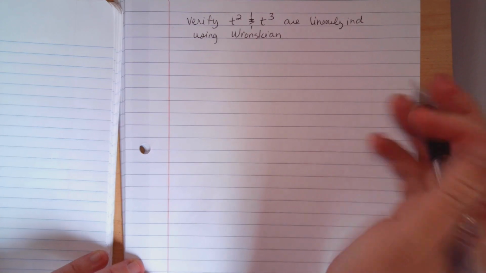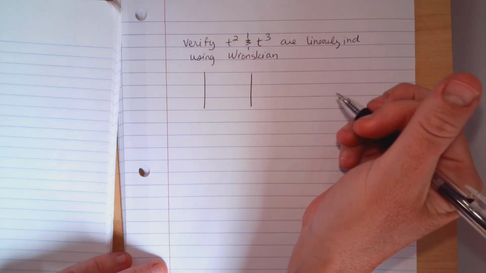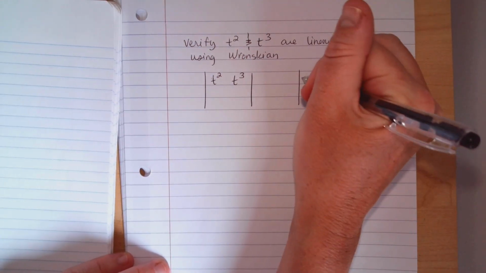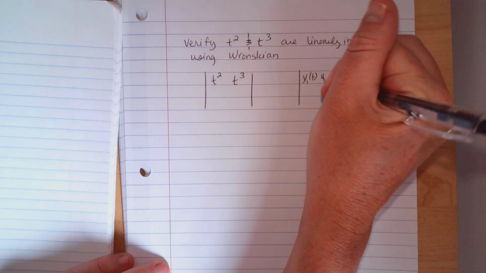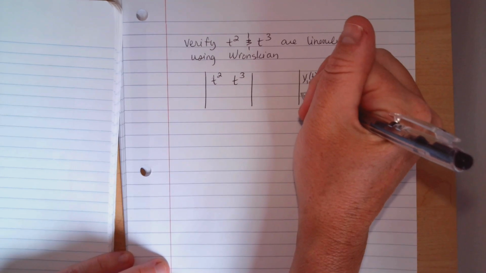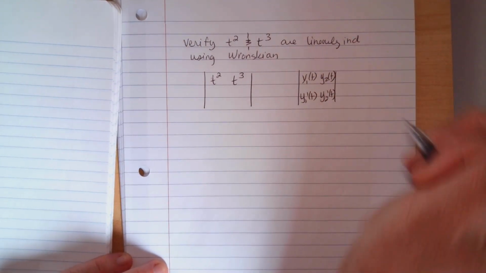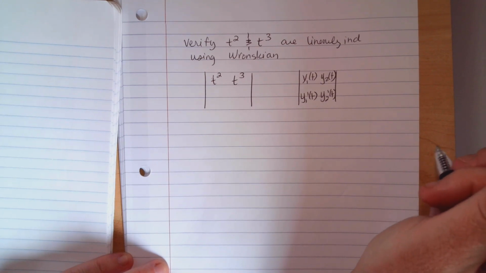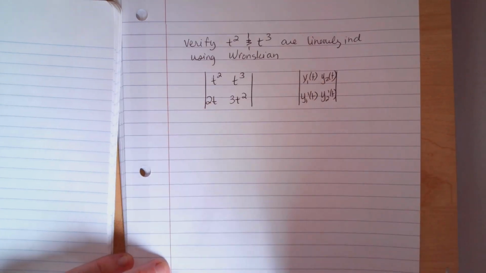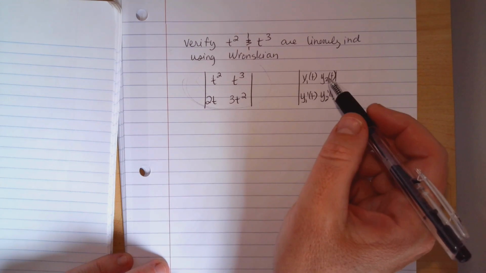The first thing we're going to do is set up our matrix with y1 of t and y2 of t. Then below them, you're going to do the primes of each one. So this is going to be 2t, this is going to be 3t squared. That's how you set up this matrix.